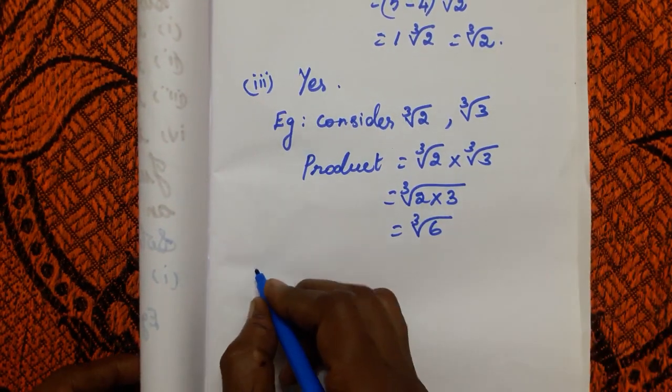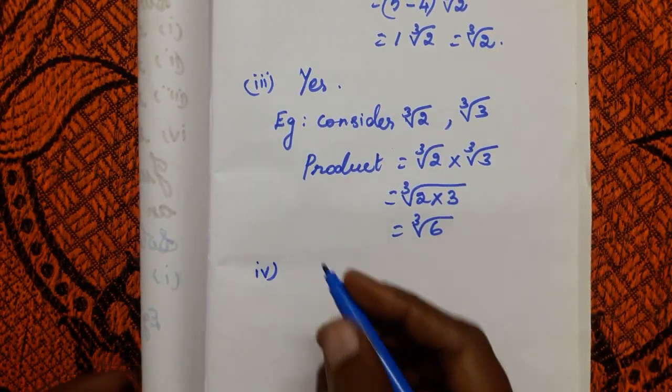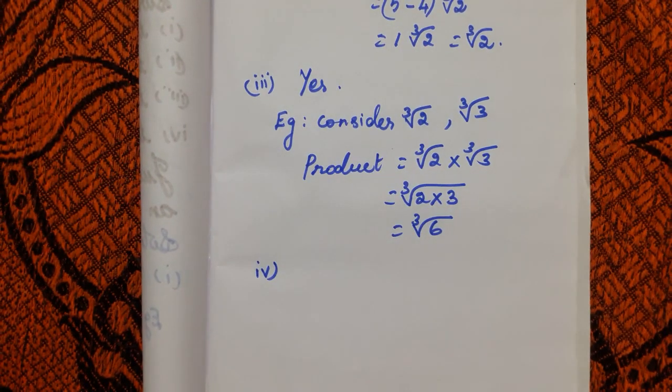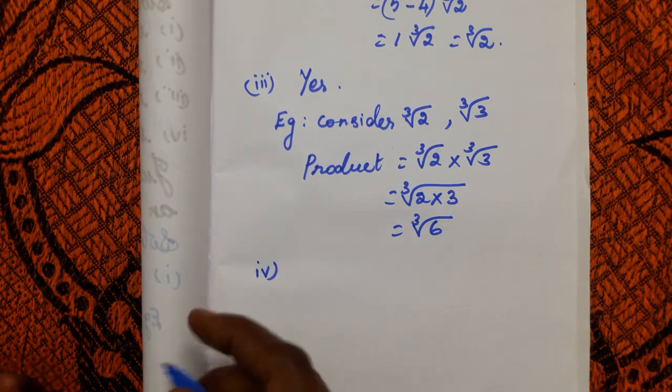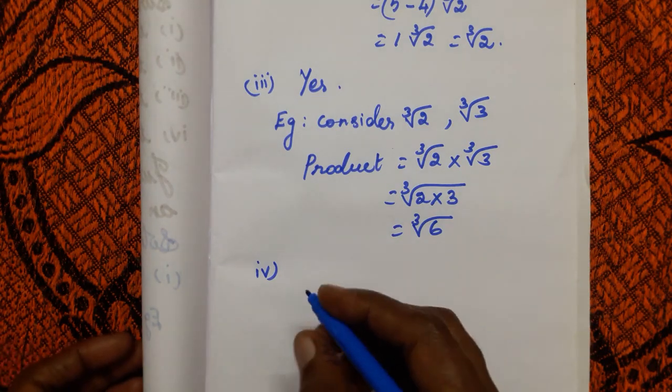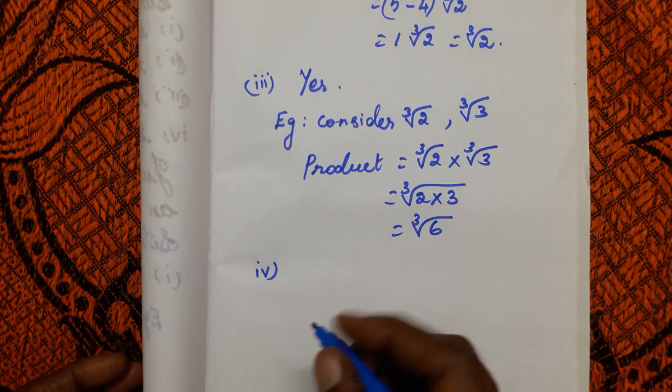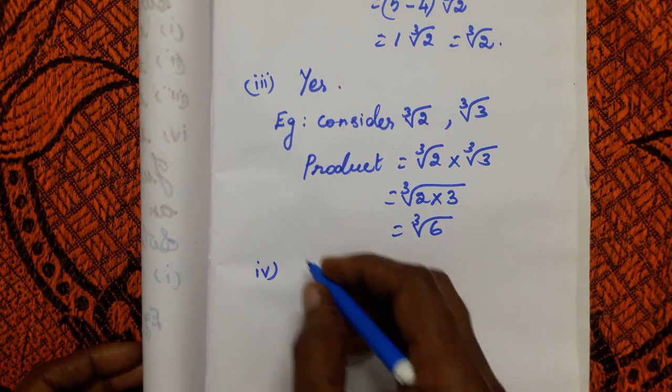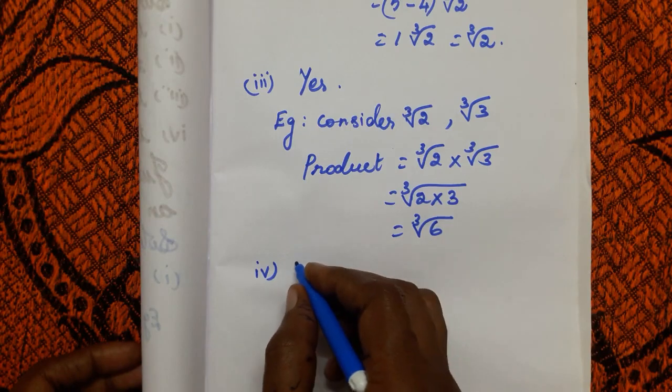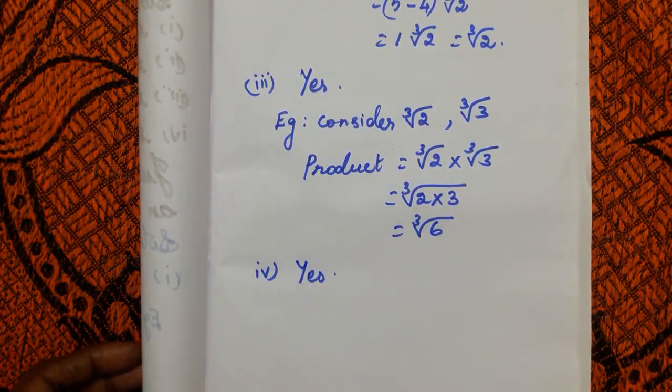Fourth one, quotient. The quotient of two surds, will it be a pure surd? Can we give an example? Yes, the quotient of two surds can be a pure surd. We can give an example.